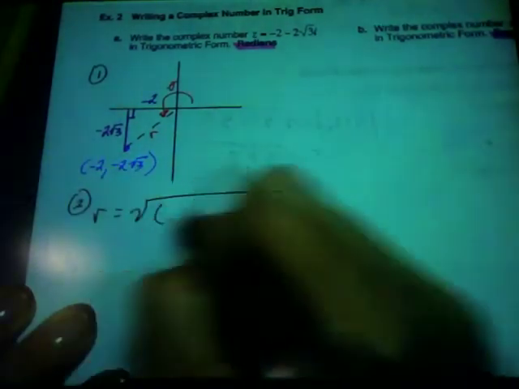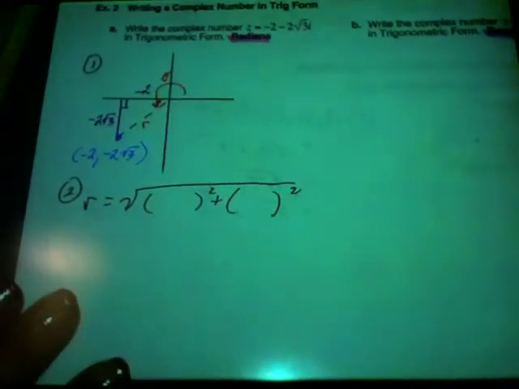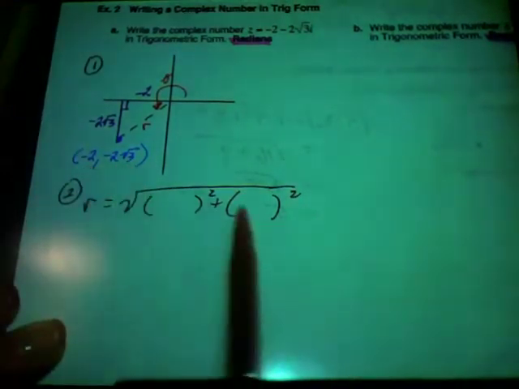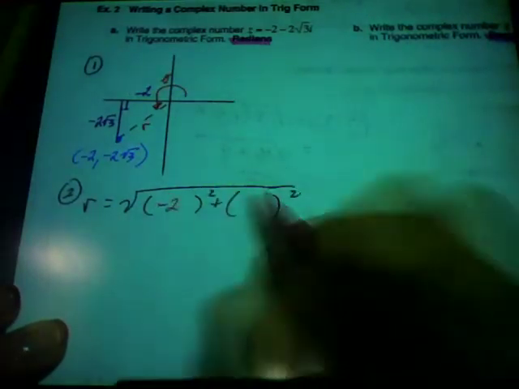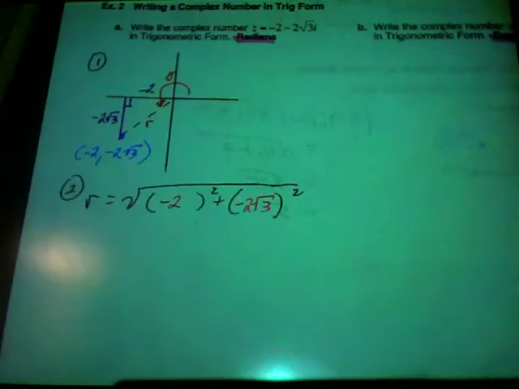So R equals... what's wrong? You okay? So I'm just going to take each one of these and put them in here. So I'm going to square -2 and square -2 rad 3. Right?